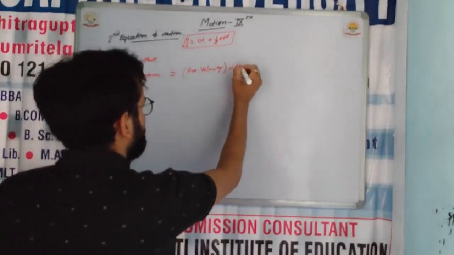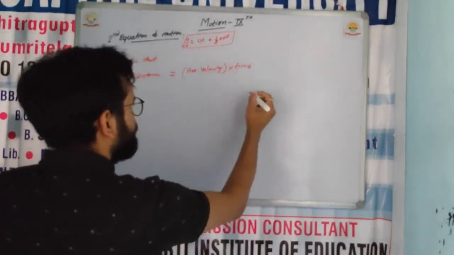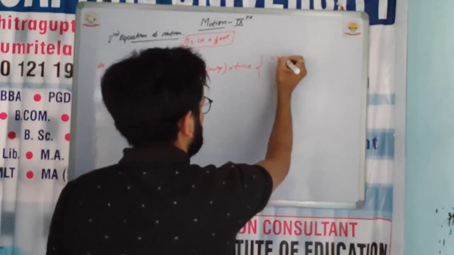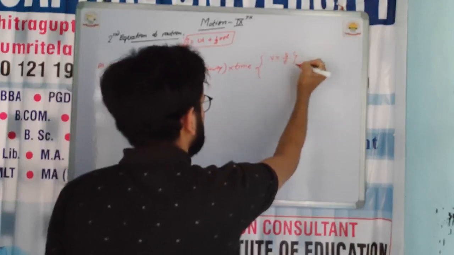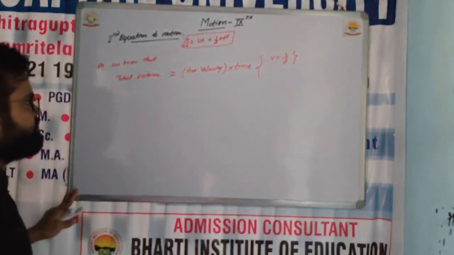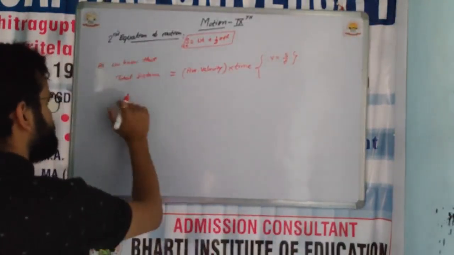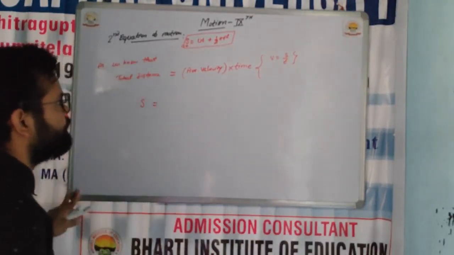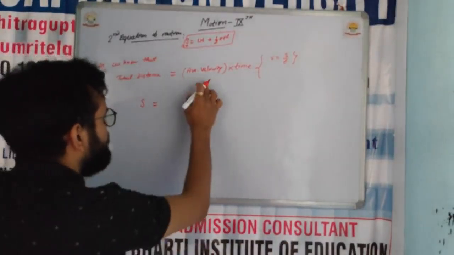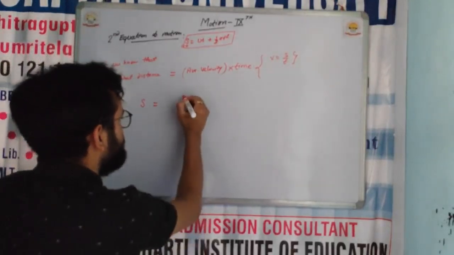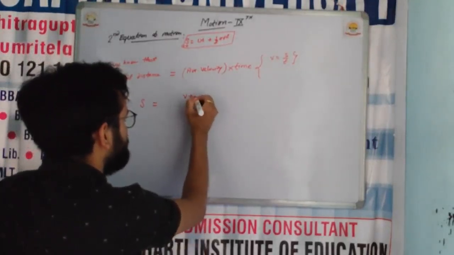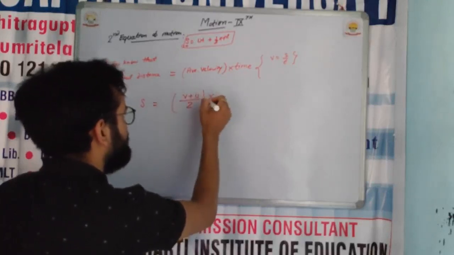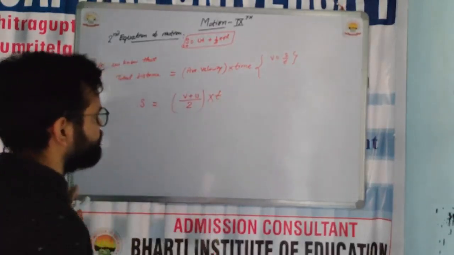This formula comes from velocity equal to distance by time on cross multiplication. So total distance s equals average velocity, which can be written as v plus u by 2, and time is t here. Clear?